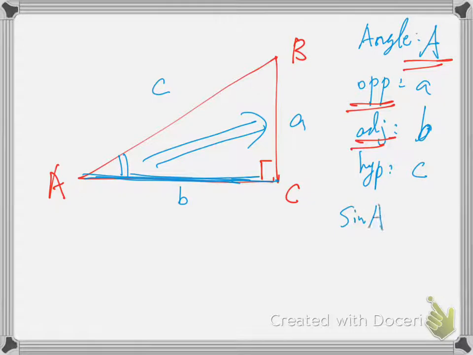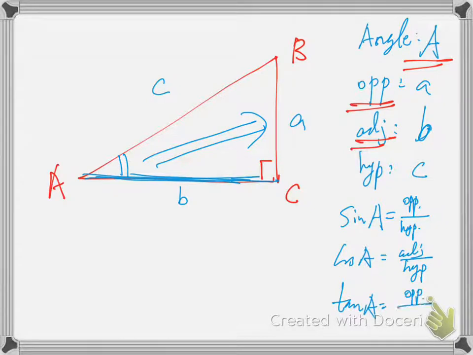Sine A will be opposite over hypotenuse. Cosine A is adjacent over hypotenuse. And tangent is opposite over adjacent. You flip them, you get the other 3 trig values.